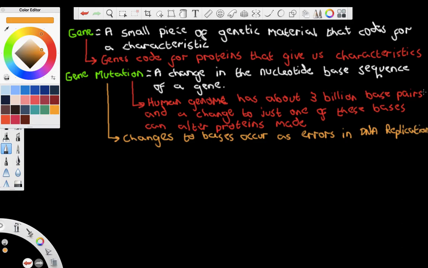Okay, so during DNA replication, DNA polymerase can make a big mistake, and it can cause one of the bases to be different as a result.